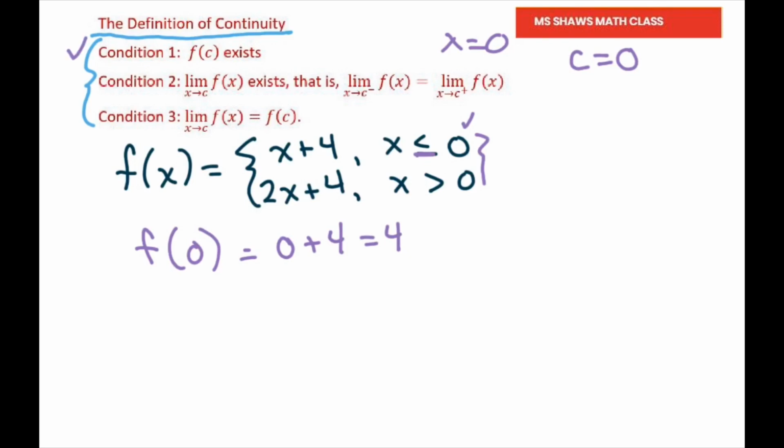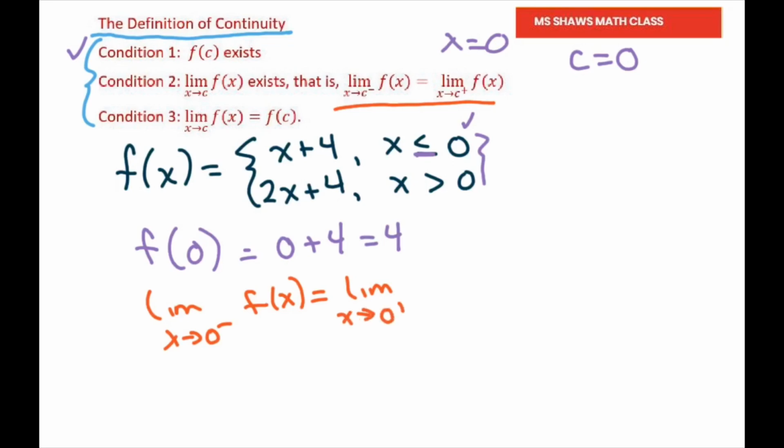Now for condition 2 to work, the limits have to be equal from the left-hand side and the right-hand side. So what that means is, if I take the limit, and we're looking at this piece right here, the limit as x approaches 0 from the left of my function should equal the limit as x approaches 0 from the right.